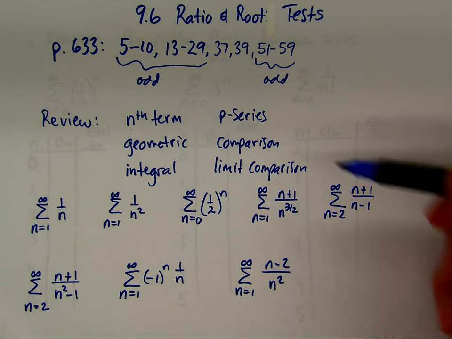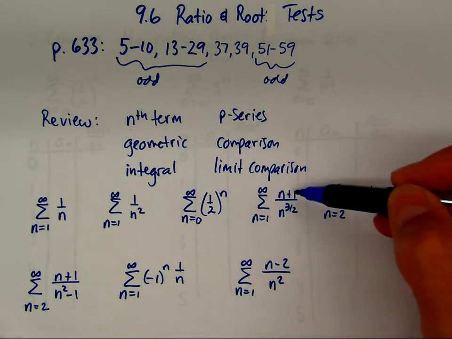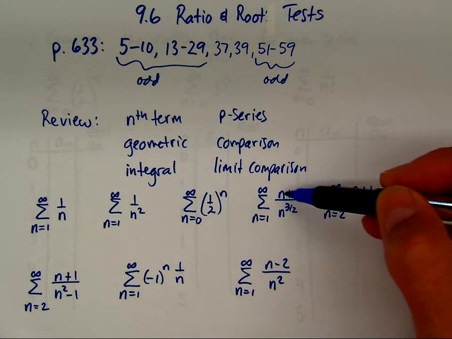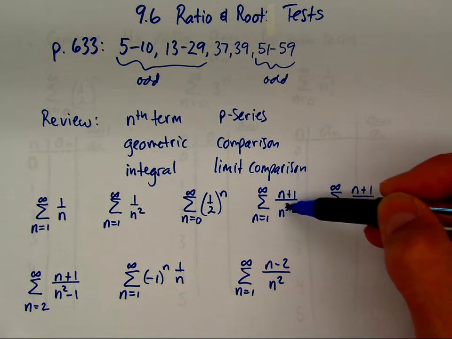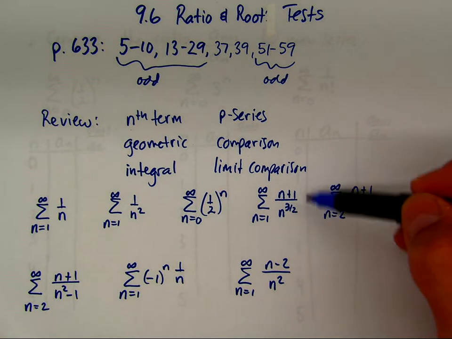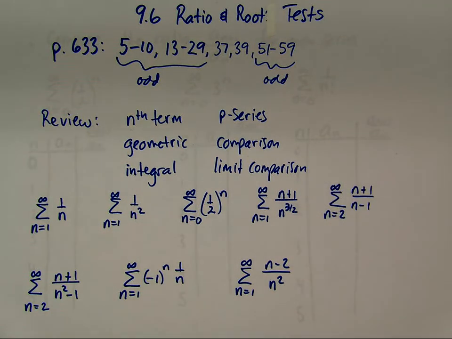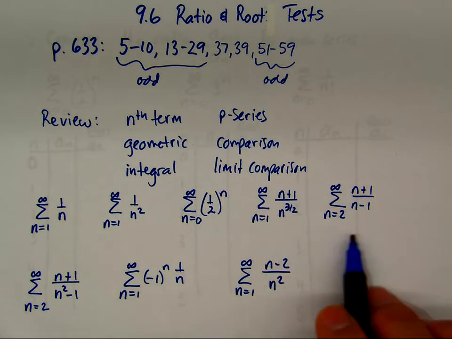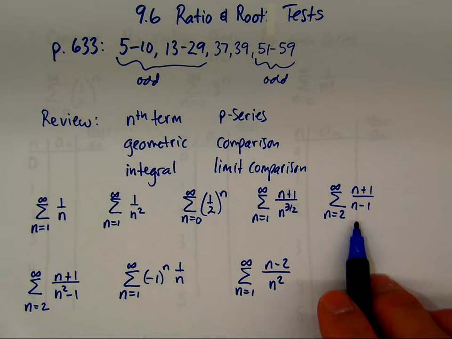Here, the overall degree is 1 over n to the 1/2, because this n will cancel one of these, and we'll end up with a 1/2. So we think it diverges, and looks like we can use the comparison test there. Here you can use the nth term test, because the limit of this is 1.